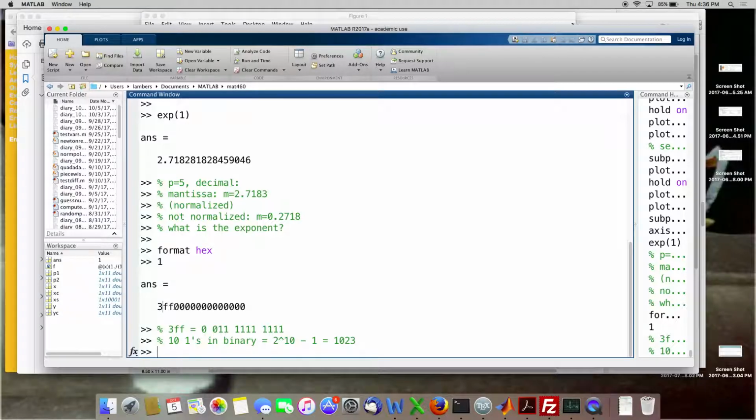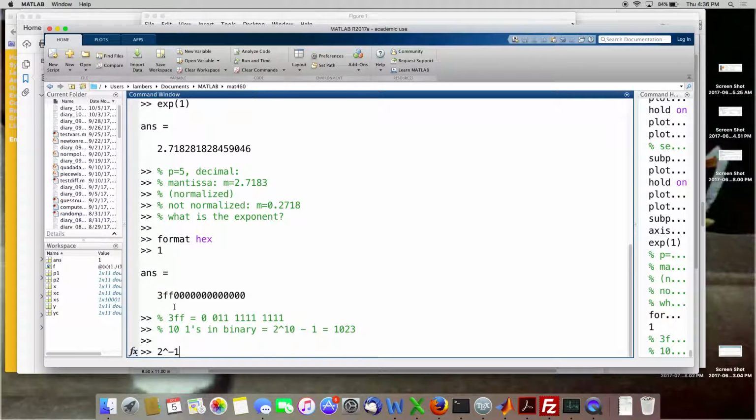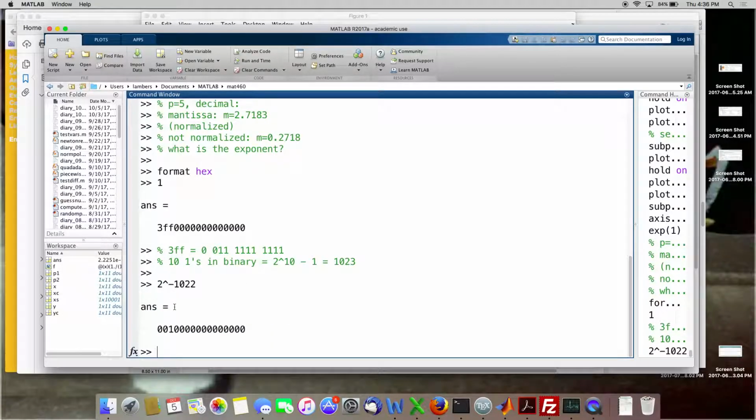Now that I think about it, if I were to take a guess: if I do 2 to the minus 1022, what's stored in the exponent part is 1.